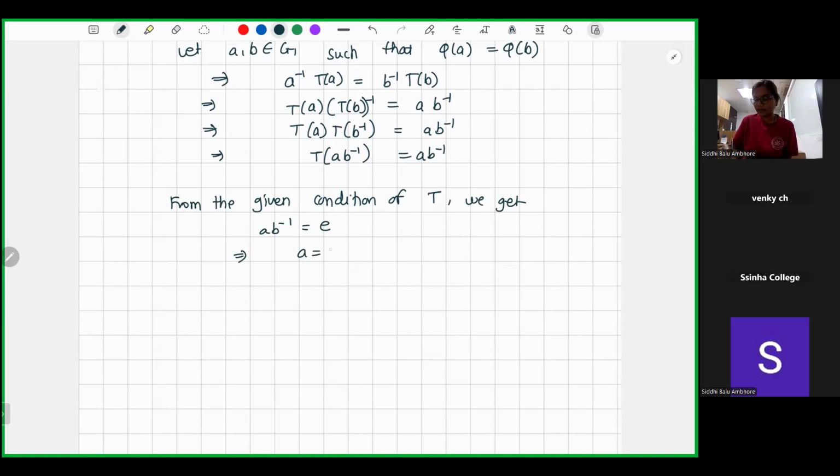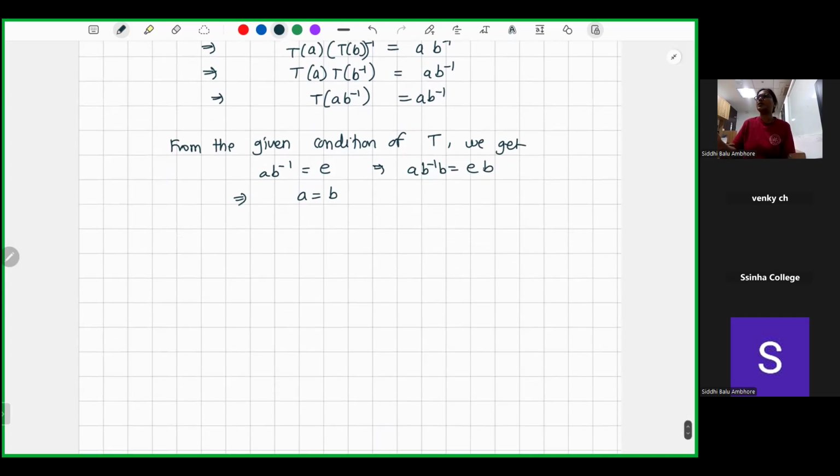But this will imply what? A will be equal to B then, right? AB inverse is E, then multiply by B both sides. This will imply AB inverse B will be EB and A will be equal to B.